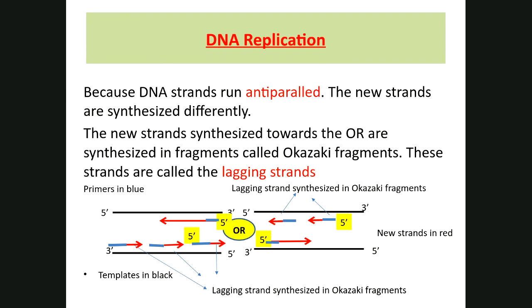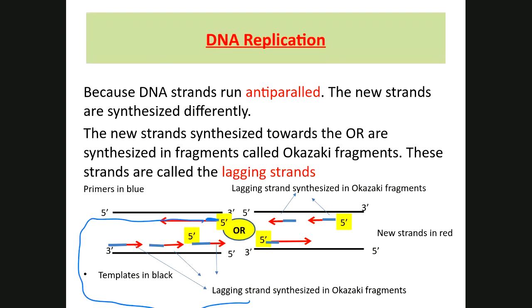Notice also that as DNA polymerase replicates, one of the strands is going to be replicated without a problem. So we have the strand that's being replicated right here, 5' to 3', there's the primer. DNA polymerase grabs a hold of the primer and continues uninterrupted until it meets with the other end.